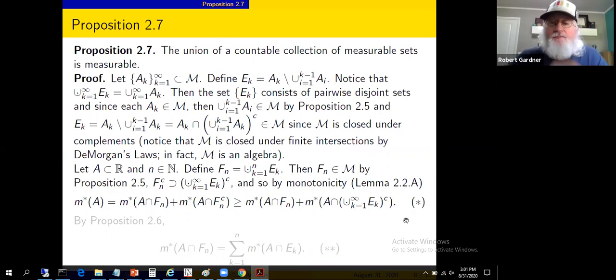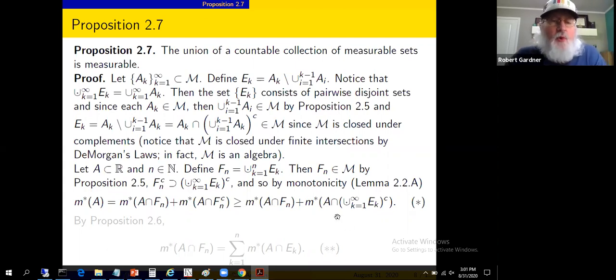Remember where we're going. We're trying to show that the union of all of the A sub k's is measurable, but that's the same set as the union of all the E sub k's. We're going to show the union of all the E sub k's is measurable, and that's the same as the union of the A sub k's. So that's how we'll draw the conclusion of measurability of the union of the A sub k's.